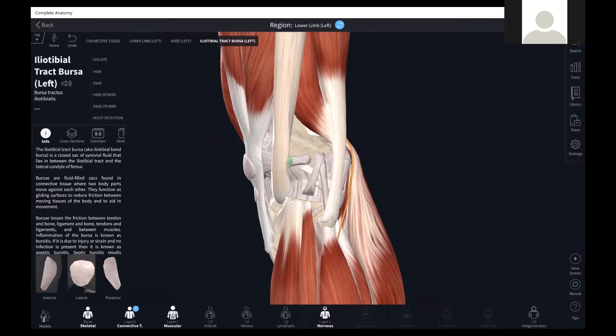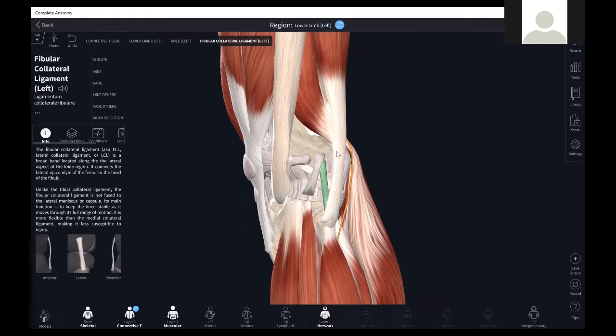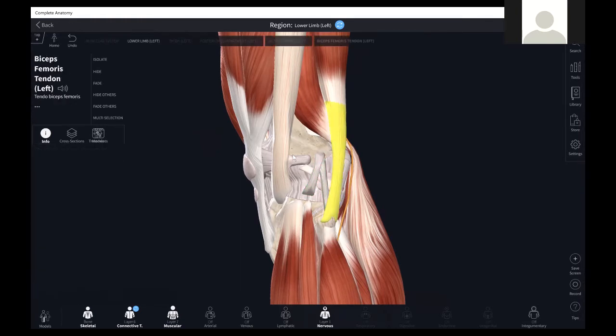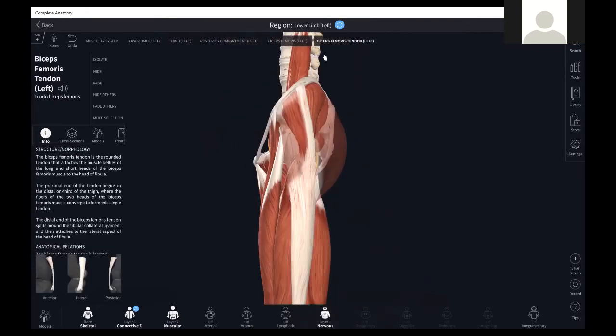If symptoms are diffuse, we may be looking at the lateral collateral ligament there, or we could be talking about the biceps femoris tendon itself. So all structures that may be involved with what we're dealing with. And again, good differential diagnosis will get us where we need to be there.